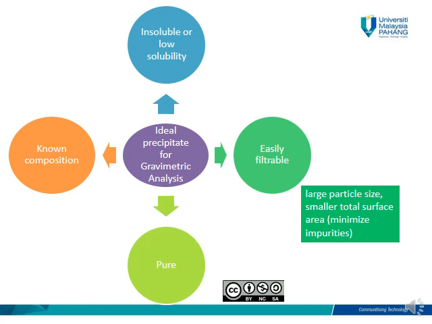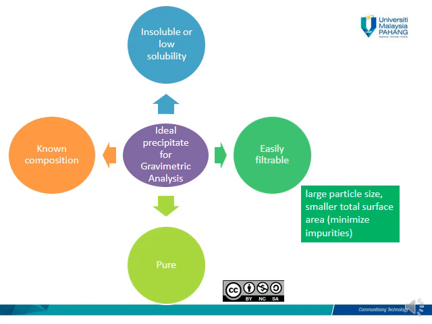When a precipitate is insoluble in water, we can expect that it will not go back or return to the solution. So low solubility is a very good property for producing an ideal precipitate.